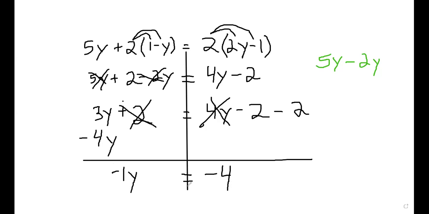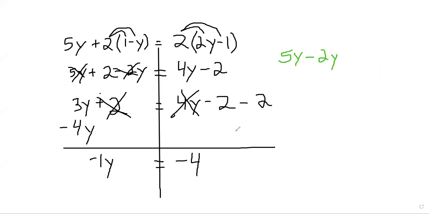Okay, so now we have, this happens quite a bit in algebra. Sometimes you'll end up with a negative variable, a negative letter, and your answer over here. Well, it's really easy to switch. All we need to do is multiply the whole thing by negative 1. I'll put the negative 1 on this side too, so we don't forget.